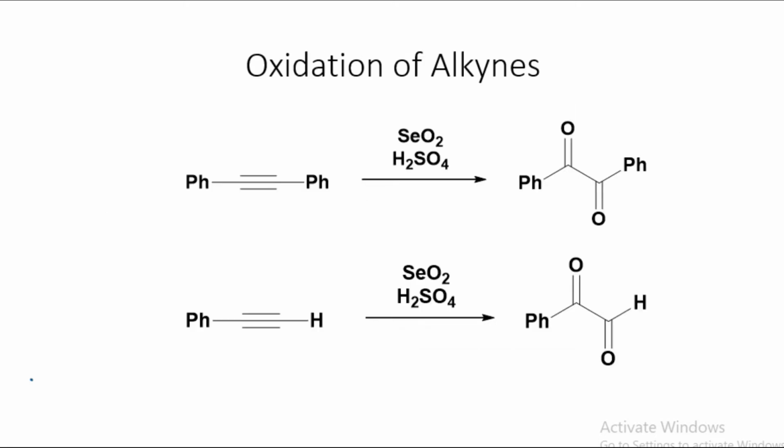And next, a similar type of oxidation also occurs for alkynes. The reaction mechanism I am not showing because it is less important, but you just have to create two C double bond O at the two sp hybridized centers, so you get our product. But here is one thing: you have to use a trace amount of H2SO4, very little. Okay, so then you will get the corresponding diketo from the alkyne.